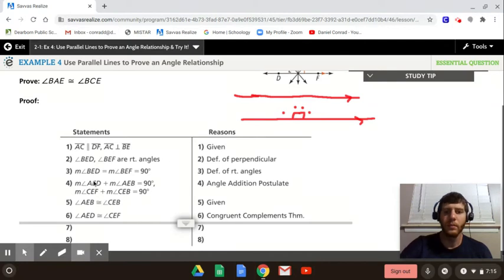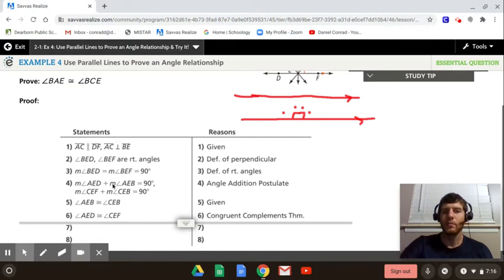And so basically this is telling us right here, we have complementary angles. And since AEB and CEB are congruent, that means AED and CEF are going to be complementary with congruent angles. And that's the congruent complements theorem: if you have two angles that are complementary with congruent angles, then those two angles themselves are going to be congruent. So AED is complementary with AEB, CEF is complementary with CEB.